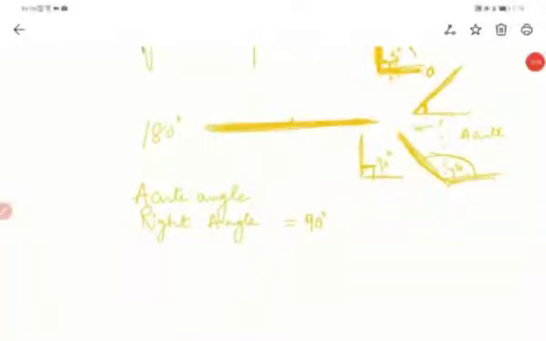Okay, so remember, first is the acute angle. Next, I think you need to remember the right angle. What is a right angle? The straight form of an angle is called 90 degrees, that is called a right angle. Right angle means if the angle is 90 degrees, then you call it a right angle.